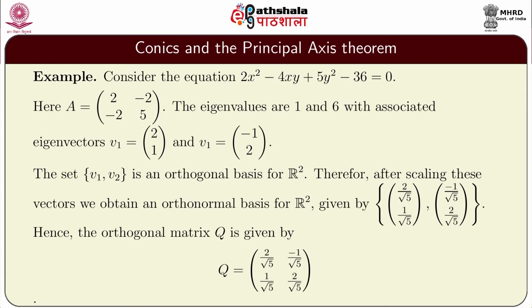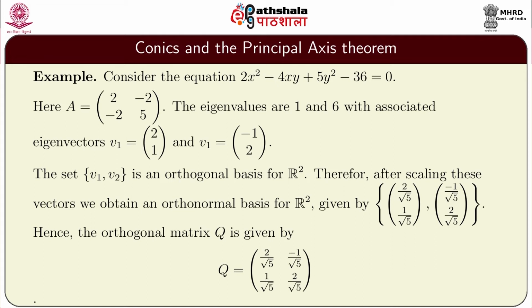Let us look at this example. Consider the equation 2x square minus 4xy plus 5y square minus 36 is equal to 0. So, it is a quadratic equation in the variables x and y, therefore, represents a conic in the real plane R2.